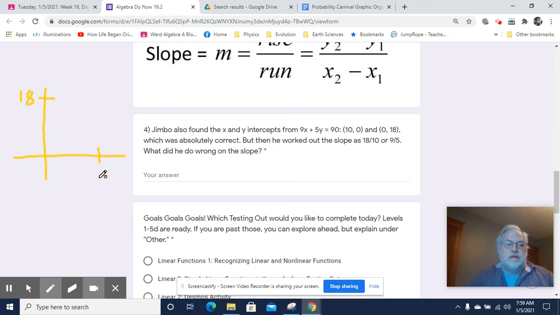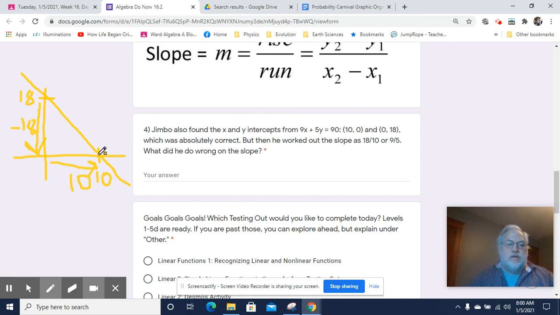and 10 here. Now, you might automatically notice that it's a negative slope because it goes down to the right. However, the other thing you want to think about is the change in y would be negative 18, and the change in x would be positive 10. So we need to have a negative slope.